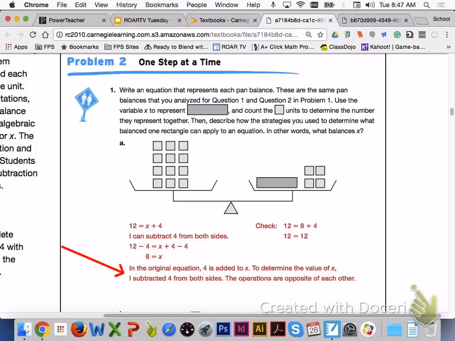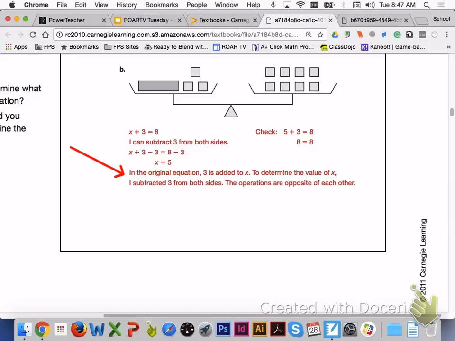The operations adding and subtracting are opposite of each other. For number 1, letter B, in the original equation, 3 is added to x. In order to determine the value of x, you are going to subtract 3 from both sides. The operations adding and subtracting are opposites of each other.